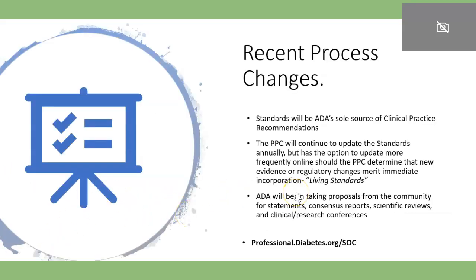So there's been some recent changes more in process because with technology and so many changes in diabetes care and medications, there's a lot of things that they need to look at continuously. So what they did is making it more online so you can update it frequently.